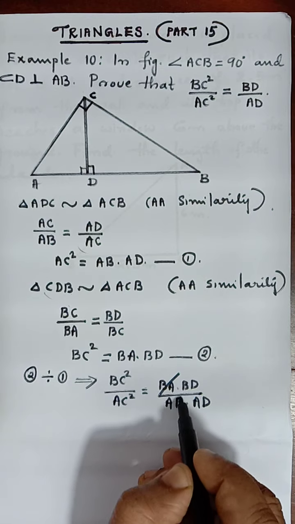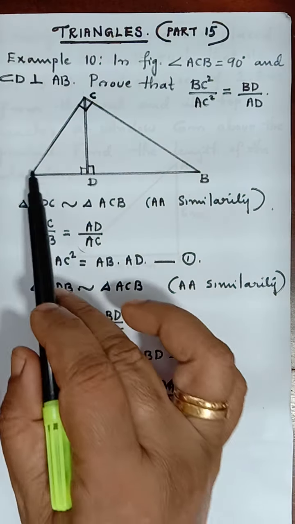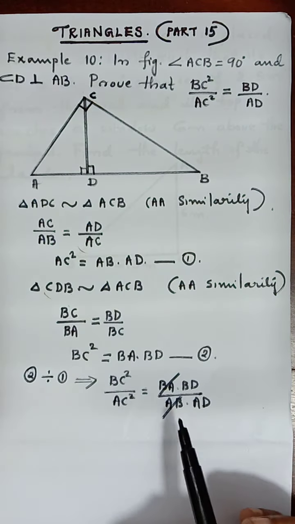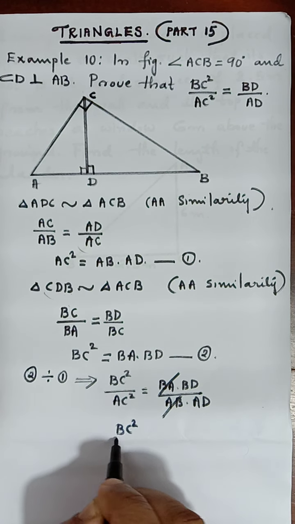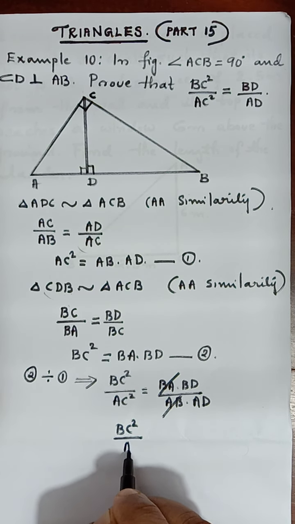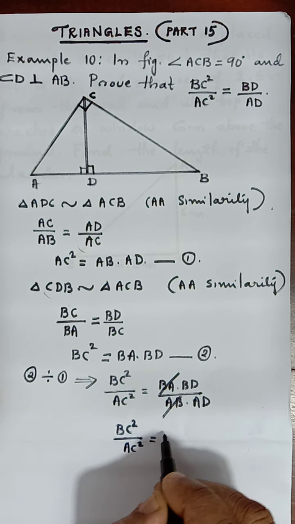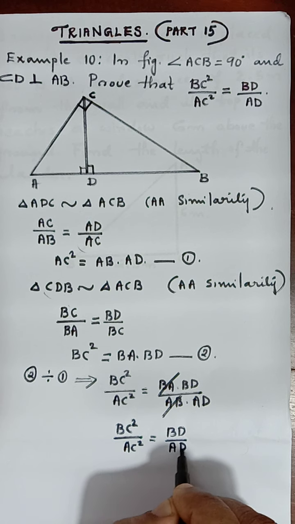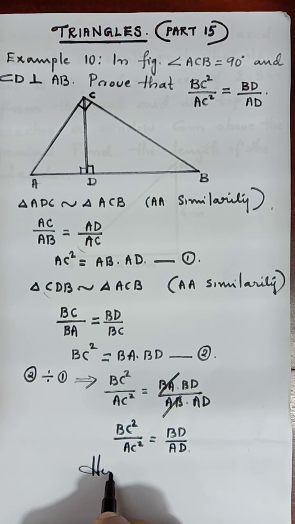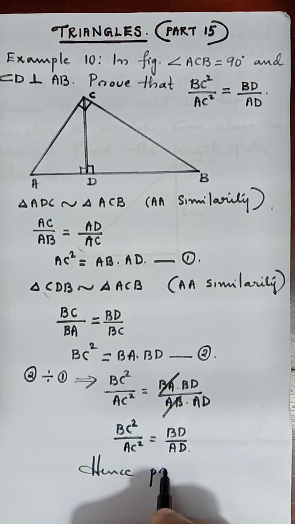Is this BA and AB the same? AB is same as BA. So we are cancelling this. We are reaching the answer. It is BC square by AC square equal to BD by AD. Hence proved. This is how we can prove.